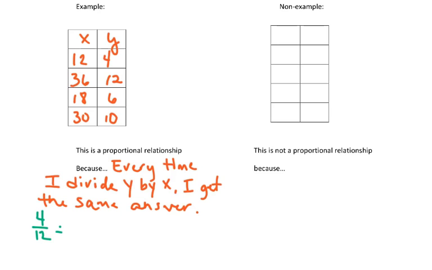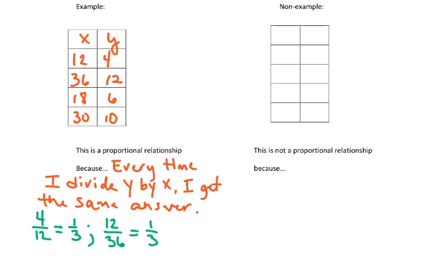That equals 1/3 when I simplify it. If I look at the next pair of numbers and I take the y, which is 12, and divide it by the x, which is 36, 12 over 36 is also equivalent to 1/3.